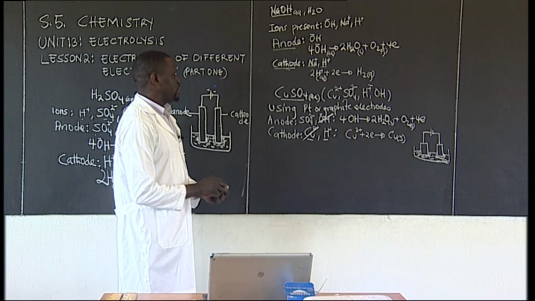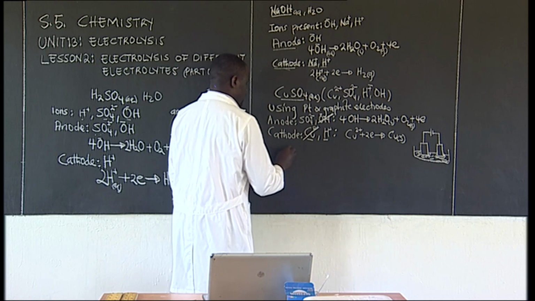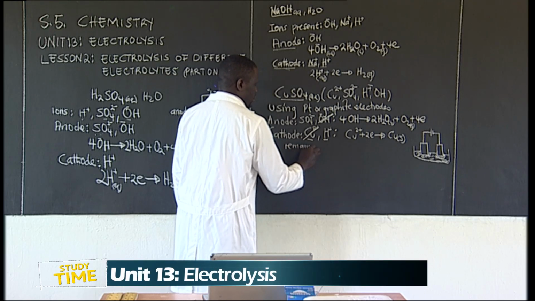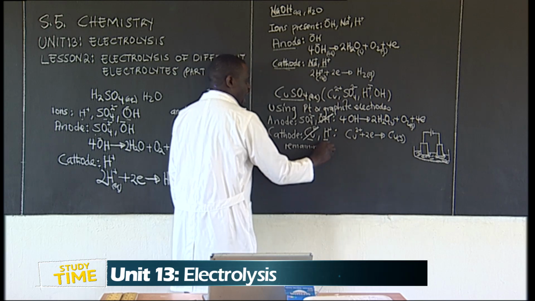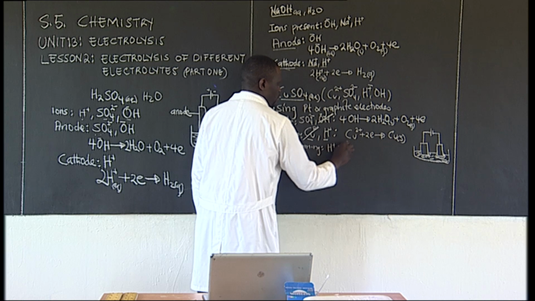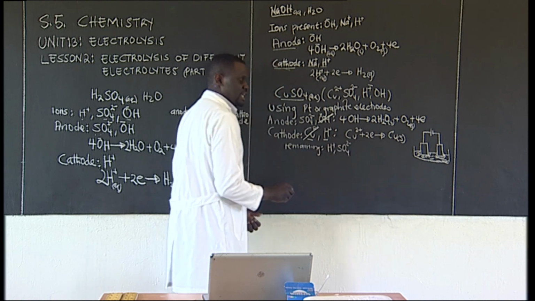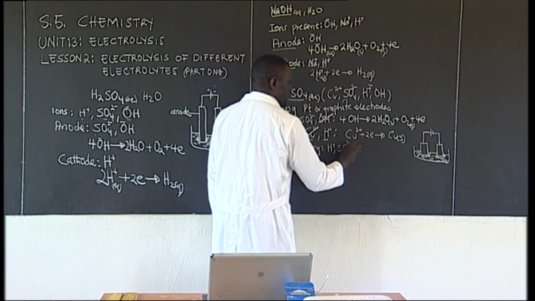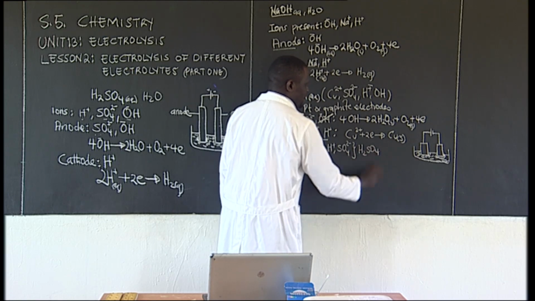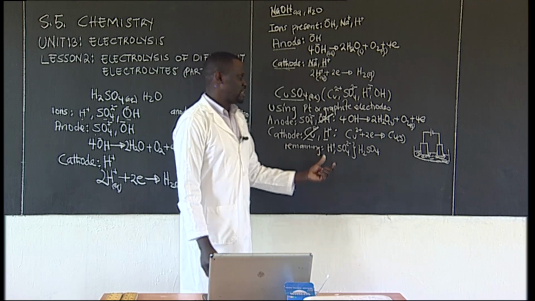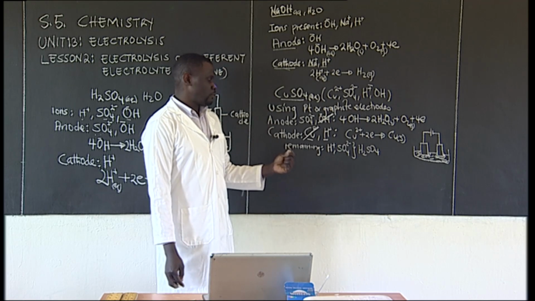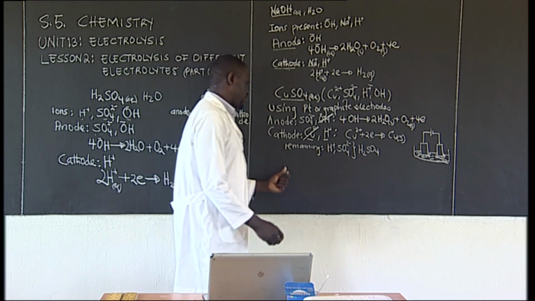We are going to remain with the hydrogen, the H+ and the sulfate. These two can form sulfuric acid, and sulfuric acid is an acid, obviously. And you know the pH of acid is always below 7.